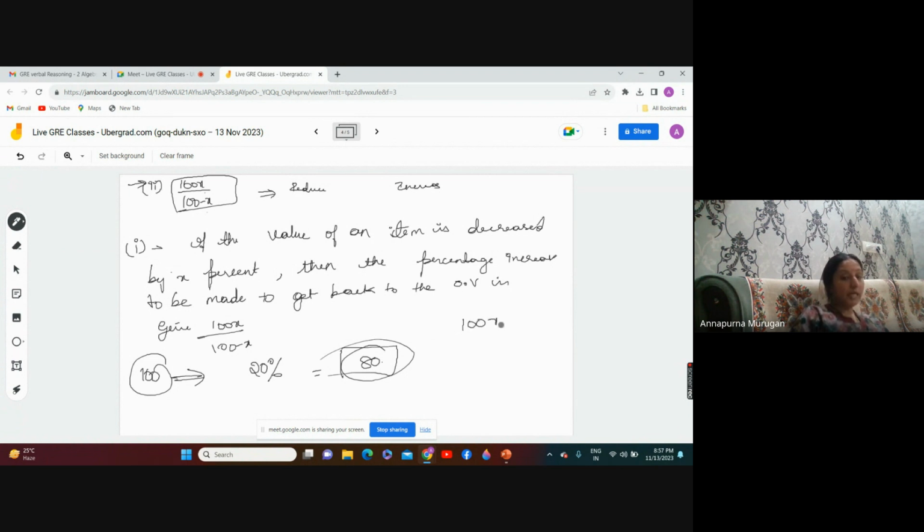It should be 100 times x by 100 minus x. So it will be 100 into 20 divided by 100 minus x, which is 80. The 0 cancels, 2 4s are 8, and it is 25%.